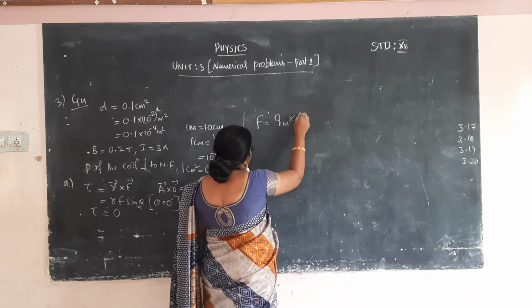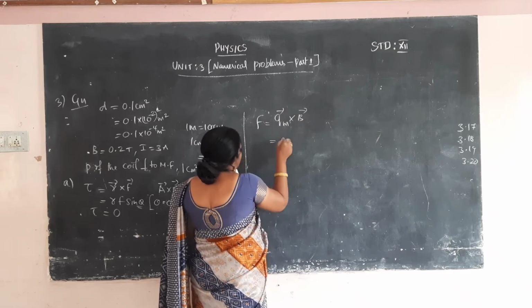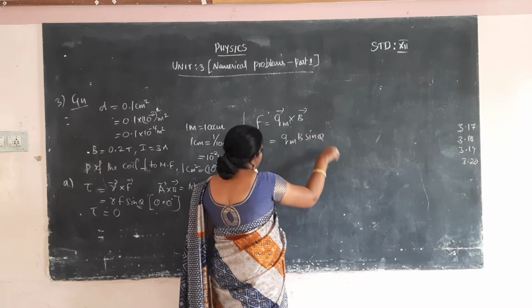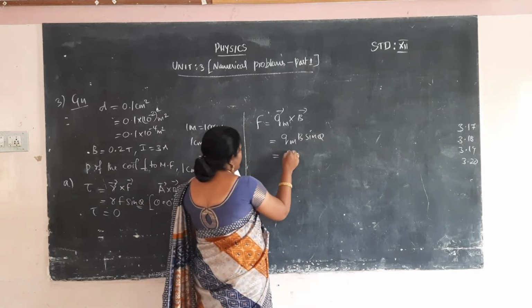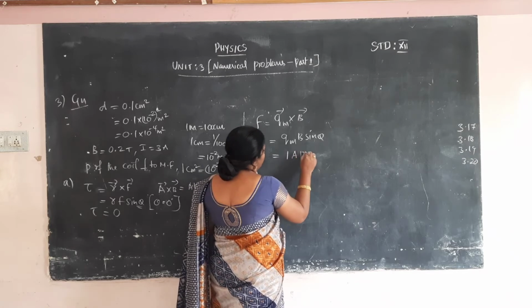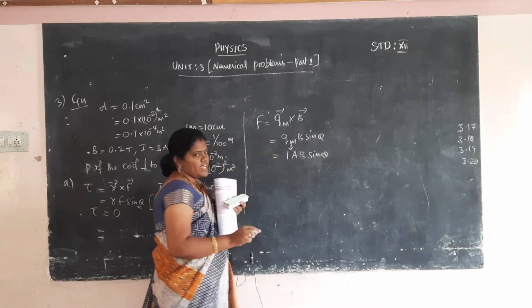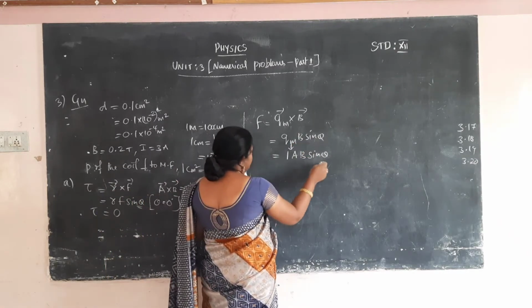q v cross B, the magnetic Lorentz force. So it is QMB sin theta, and QM is IA. Magnetic moment is equal to the product of current into area, so I into A into B sin theta.